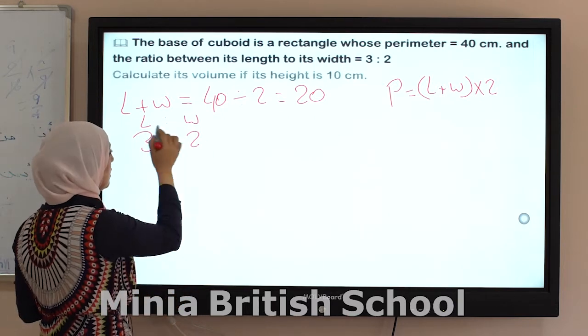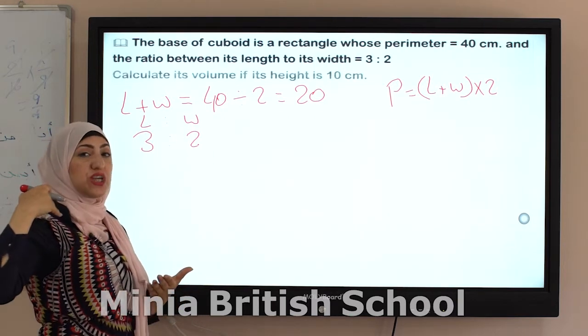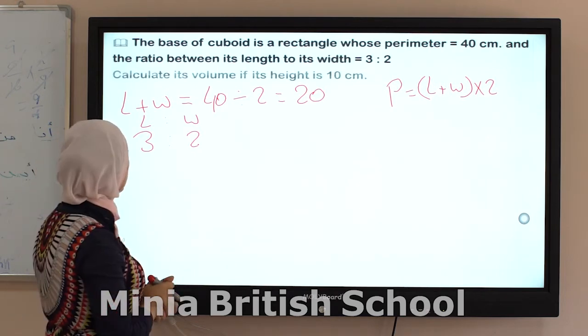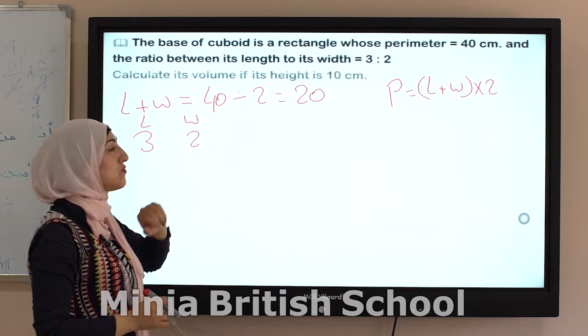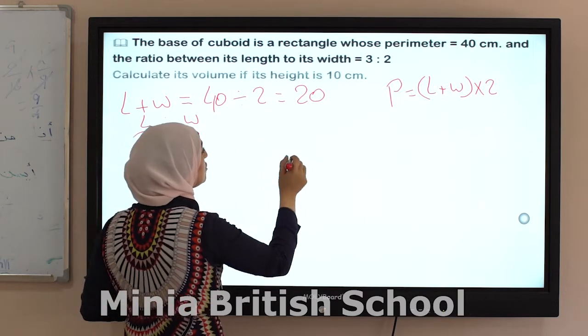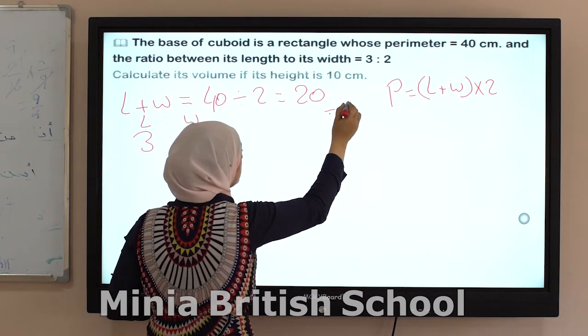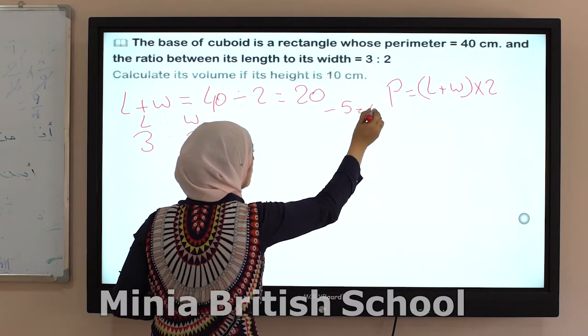Okay, here remember the ratio. 3 and 2 equals 5. So 20 divided by 5 equals 4.